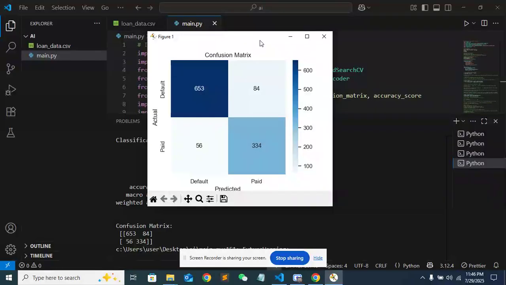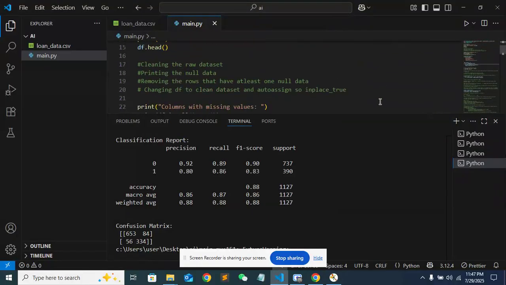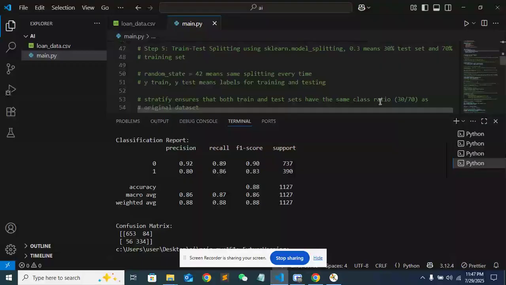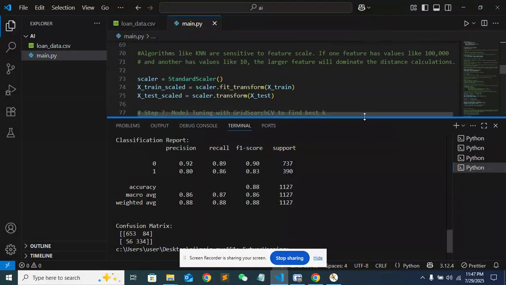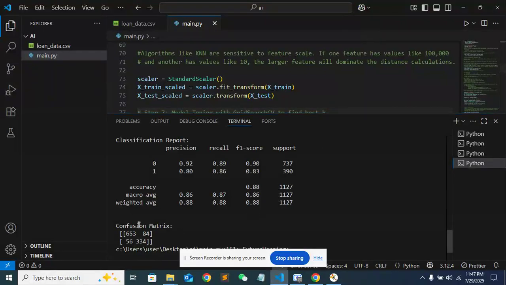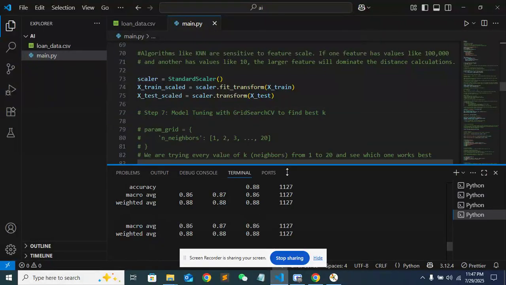In the case of our loan applicants, we must recognize false positives, which is very important here. We can see our values in the confusion matrix right there.